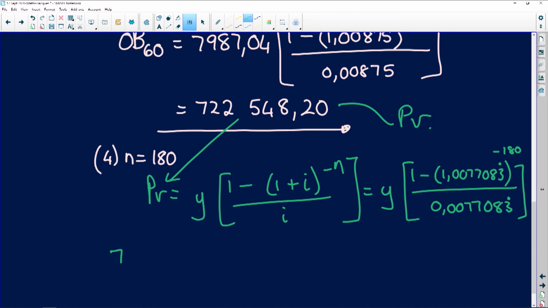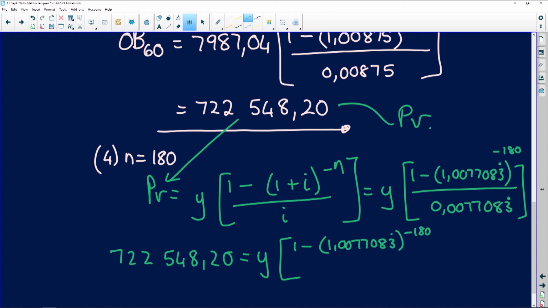Okay, so 722,548.20 is equal to Y multiplied by 1 minus 1.00778083 recurring to the power of 180, divided by 0.00778083 recurring.